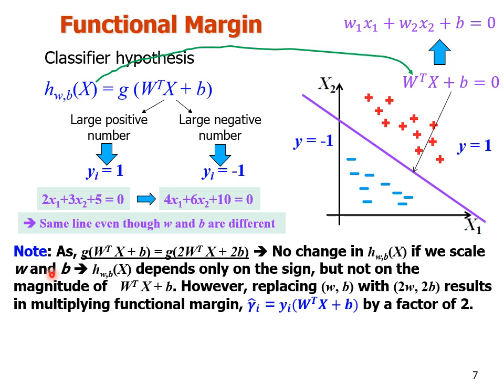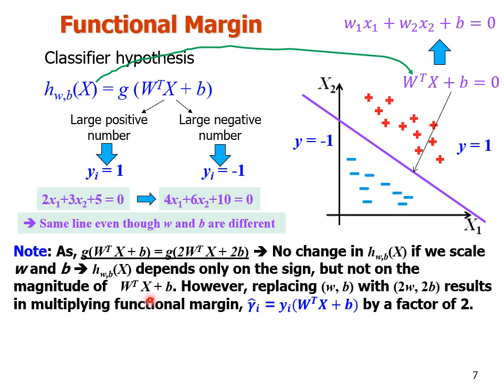This implies a very important point. The hypothesis h w b x depends only on the sign of w transpose x plus b, but does not depend on the magnitude of w transpose x plus b.